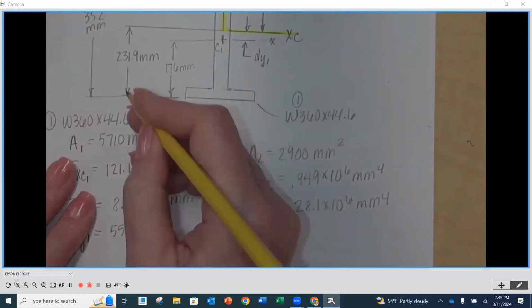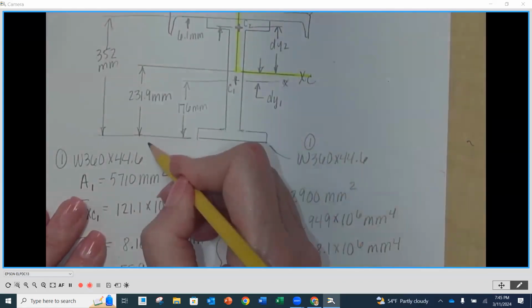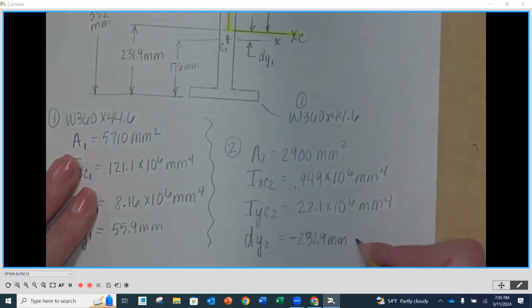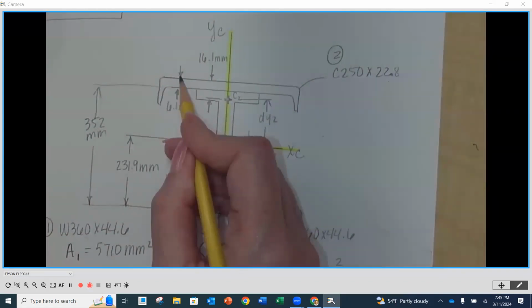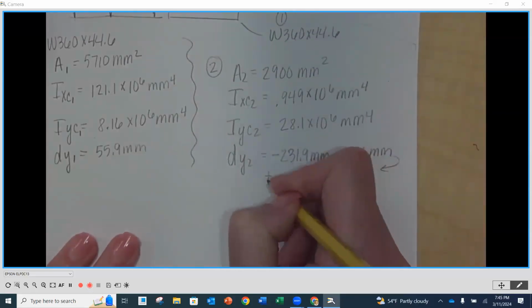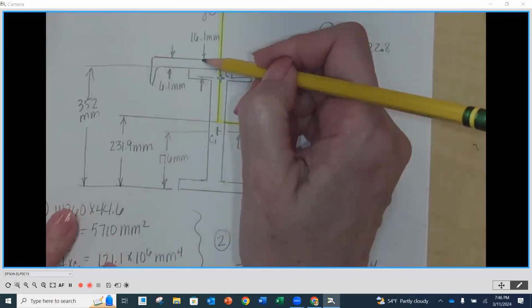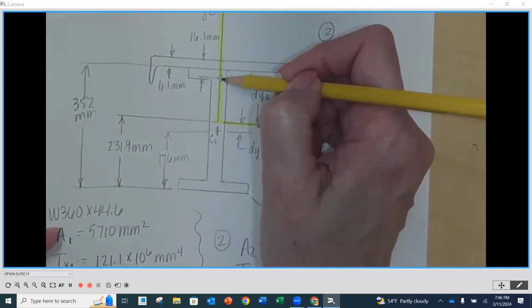So we're going to have a negative 231.9 millimeters. Okay, that's my down from my X. Now I'm going to go up positive 352. Okay, and I'm down underneath here. Now I'm going to go up again 6.1. So that's going to be a positive 6.1 millimeters. So I'm now at the top of my C channel, and then I'm going to come down negative 16.1.